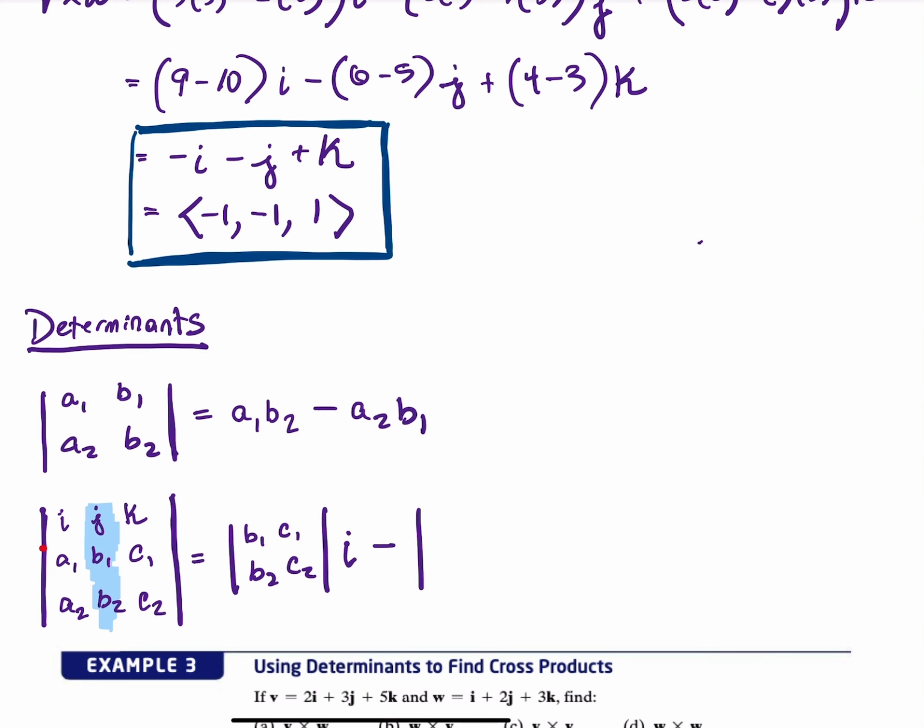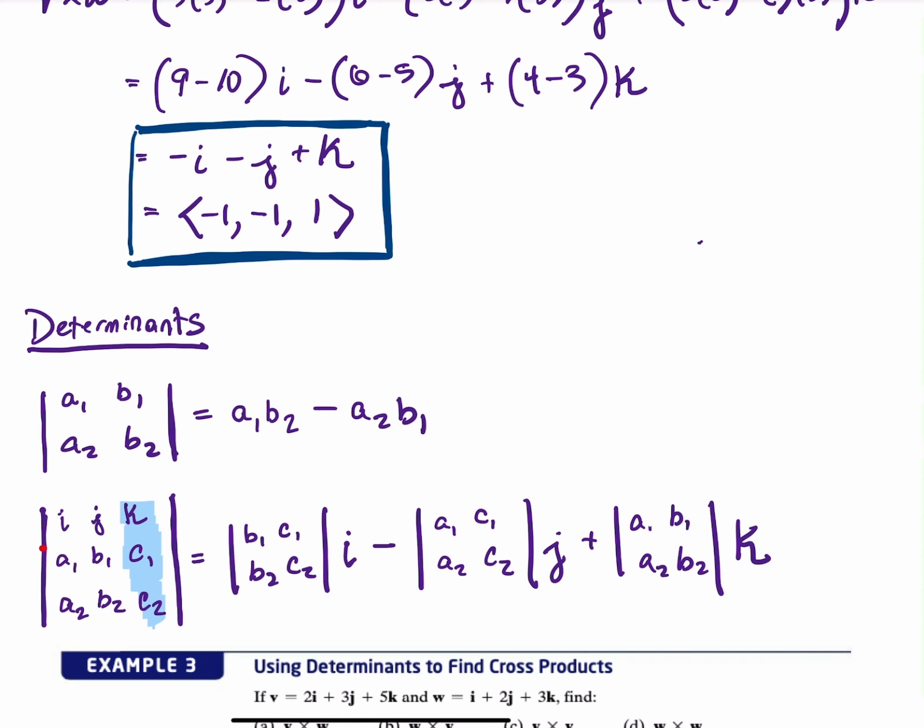And we can say the determinant of these remaining elements, so A1, C1 over A2, C2, and this will be multiplied by j. And then we'll do the same thing for the k column by imagining covering up this column. Then my remaining elements, which I'll take the determinant of, is A1, B1 over A2, B2. And that will be attached to the unit vector k.